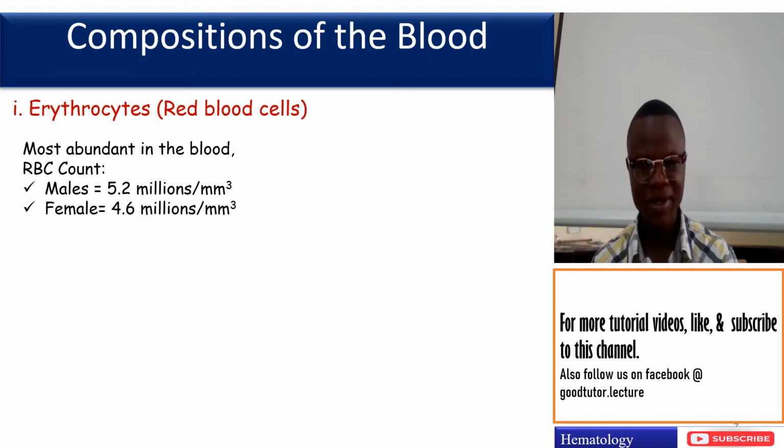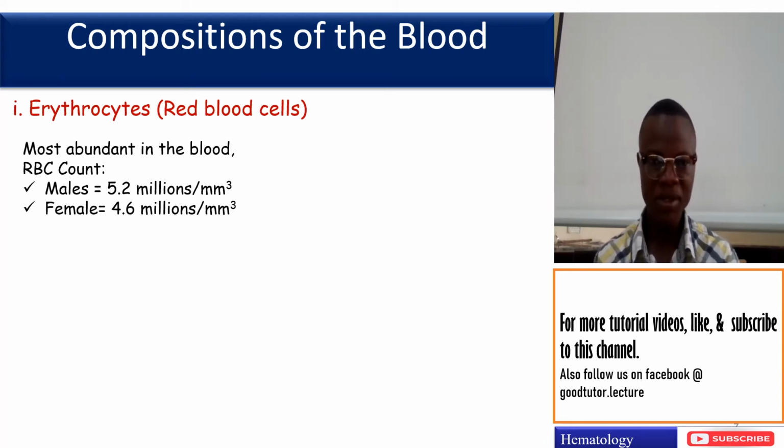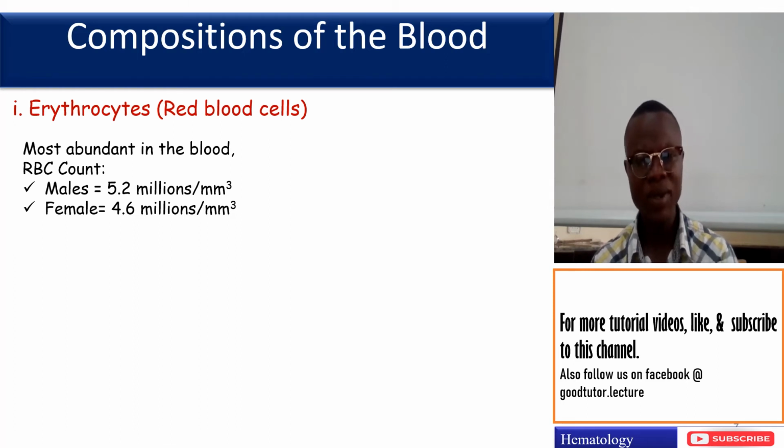You'll notice there is a difference between the male concentration of red blood cells per cubic millimeter and the female concentration. What is the reason for this difference? Remember the physiological state of the female, they have a monthly cycle that usually causes them to lose blood.